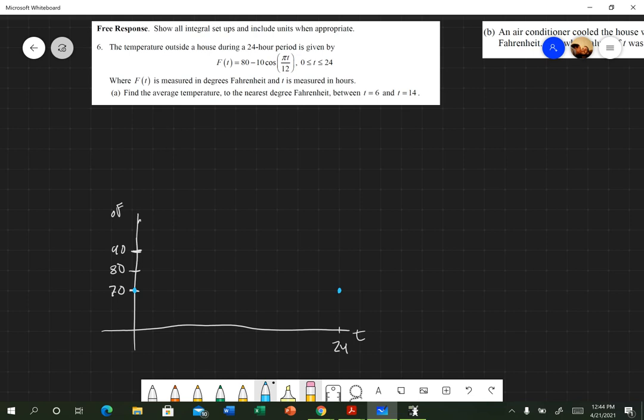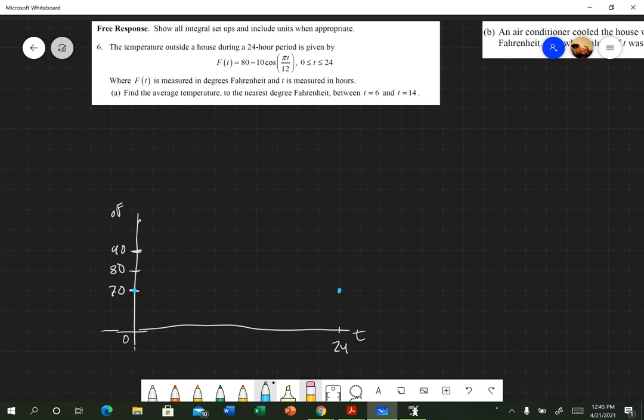Now, there's another significant value within this function that we can mark down between time t equals 0 and time t equals 24. And that's going to be where we have cosine of pi.